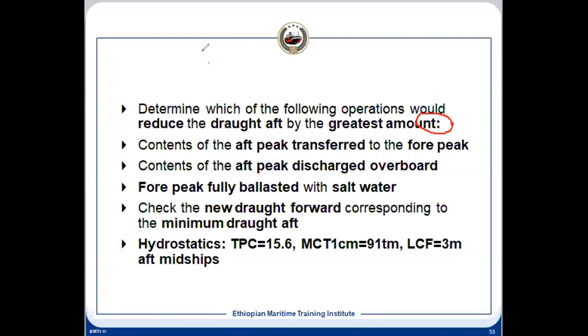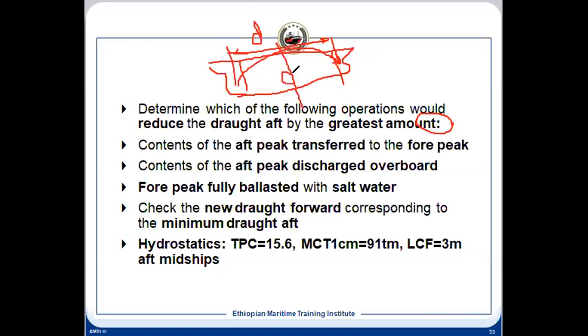It means we have a shape, aft peak we have transferred to the forepeak. So this mass we have transferred here. So what will happen? This has got a CG and this has got a CG. What is the trimming moment? This is the distance it has moved, that is D, and both the CGs are given about the midship.